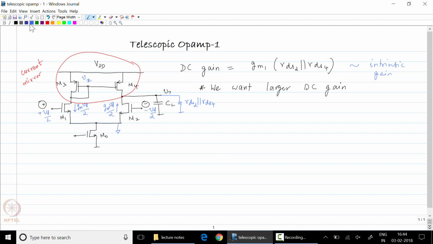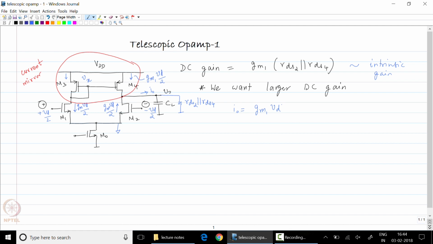Now, the current through M3 is the same as the current through M1, which is GM1 VT by 2, and that current gets mirrored into M4. So, the current through M4 is also GM1 VT by 2, and therefore the total output current IO is GM1 times VT.